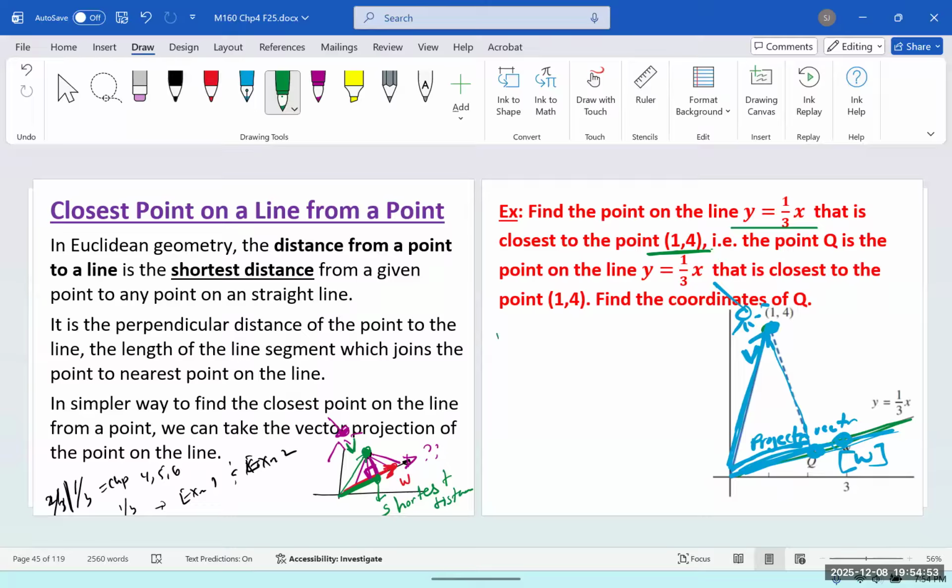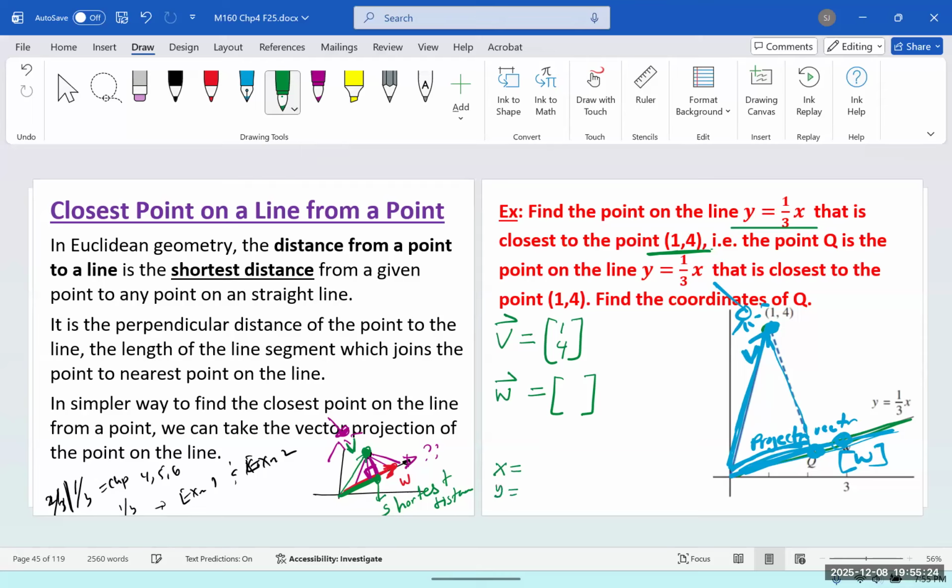So step 1, find the vector V. Vector V is basically writing this point in vector form. So let's make vector V from the point (1, 4). And now let's make a W vector on the line. How do you find it? You just pick any x value and y value on this line.